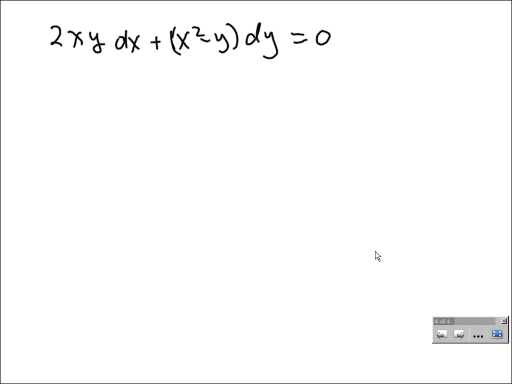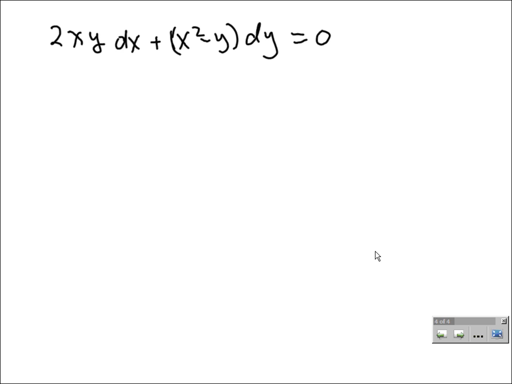Okay, let's raise the difficulty a little bit. Once we rewrite this, everything will come together nicely. 2xy dx plus x squared minus y times dy is equal to 0.